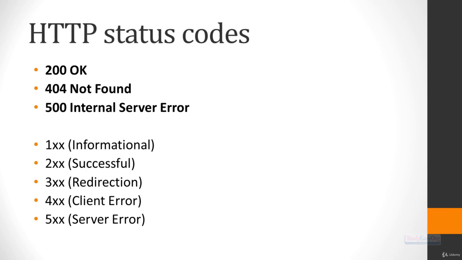Then there is the status code which starts with 3, which deals with redirection. Then there are client error and server related status codes which start with 4 and 5 respectively. Alright, so this was a quick, short introduction related to resource based URIs and a couple more internal things related to HTTP and URIs.